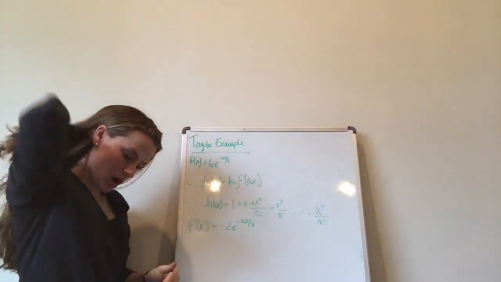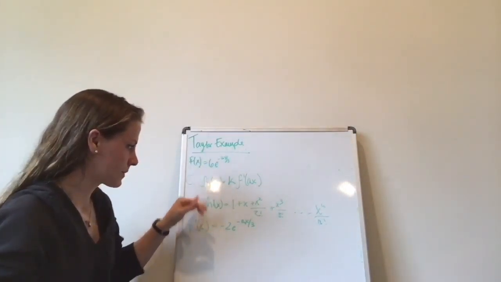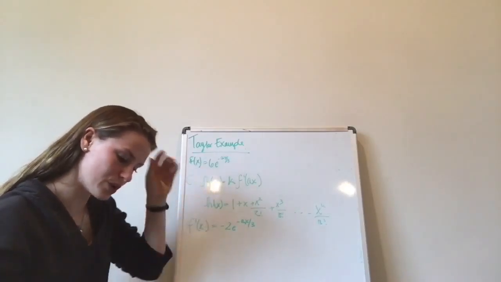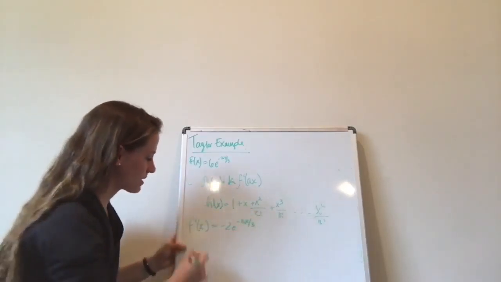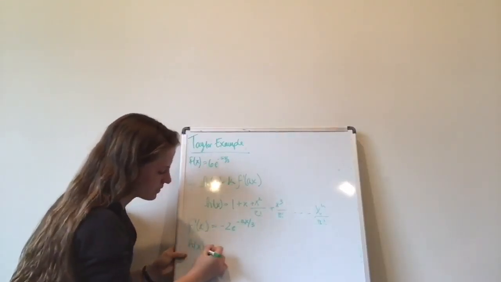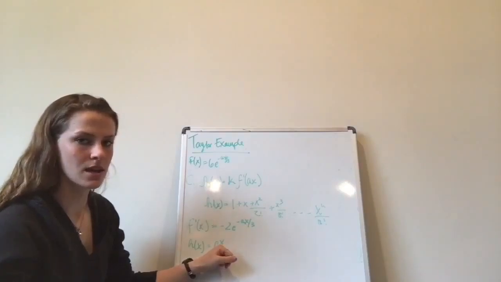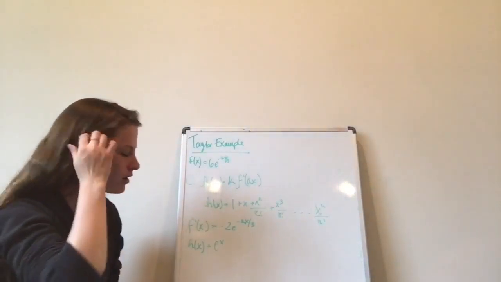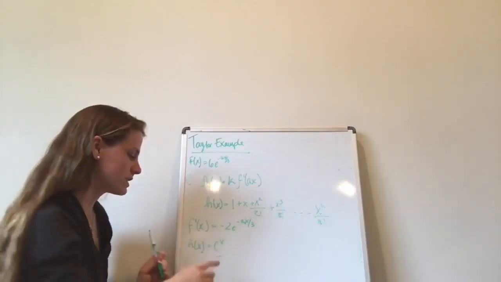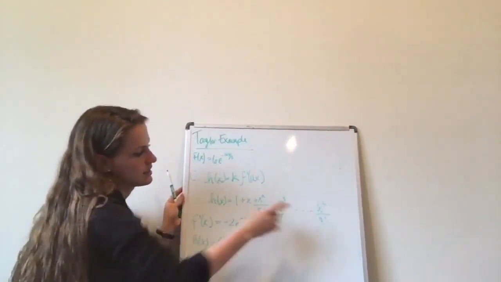And then what we're also going to do is take a look at this h of x. And we know that this equation, h of x, we can recognize as e to the x. Because if you break down e to the x in its Taylor series, then you can see that it represents this.